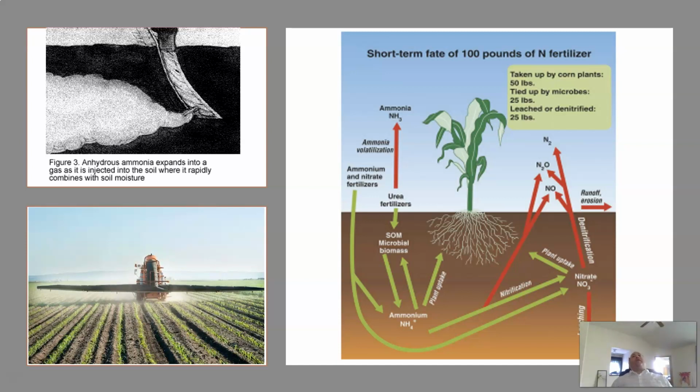When you think about it, you say 100 pounds, that's a lot. But when you consider that only about 50% of it goes to the actual plant, it becomes a lot less. And you start to understand why we have to apply so many pounds and pounds of fertilizer to get it to work for large areas.